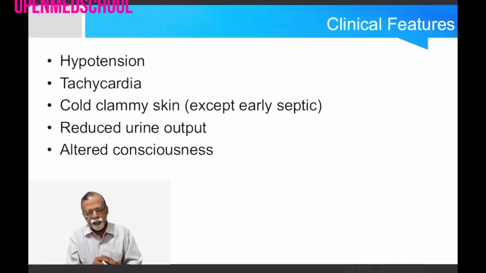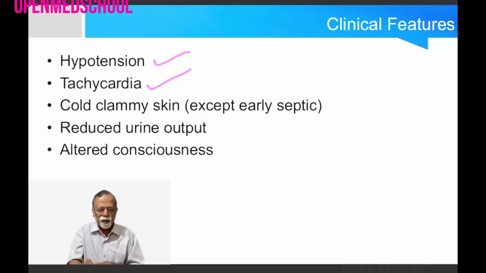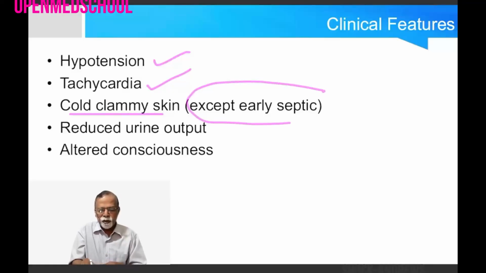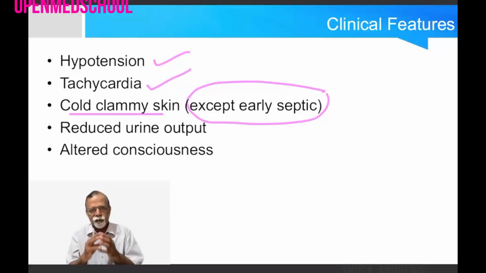So the important clinical features: in the initial period there is tachycardia, or the heart rate increases. Then there is hypotension, and cold, clammy extremities. The one exception is septic shock. Why in septic shock is the skin not cold? I already mentioned that septic shock is a type of distributive shock. So in distributive shock, what is happening? The peripheral vascular resistance comes down. That is vasodilation.